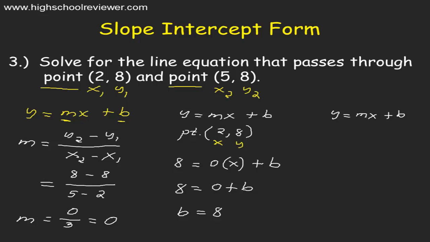So our y will be y, and our slope is 0 multiplied by x, and our intercept is positive 8. So y is equal to 8. This is now our final equation. So it is just y equals 8.